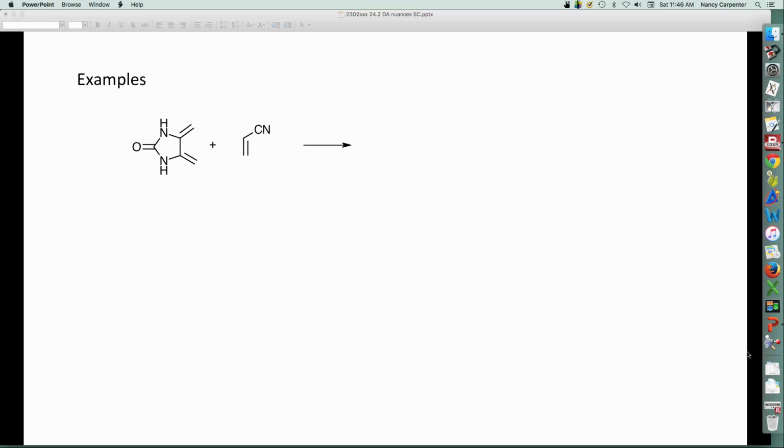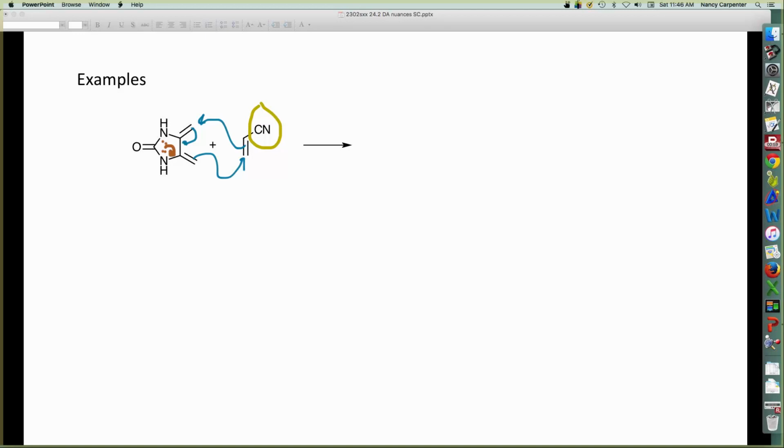So for example, when we look at this pair of reagents for the Diels-Alder, we have an electron withdrawing nitrile on the dienophile, making it electron poor, and we have nitrogens pumping electron density into the diene by resonance, of course.